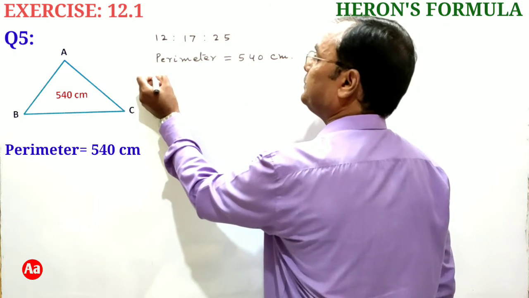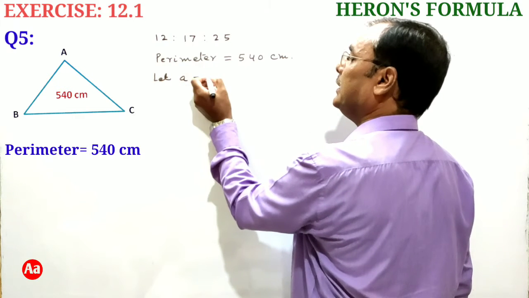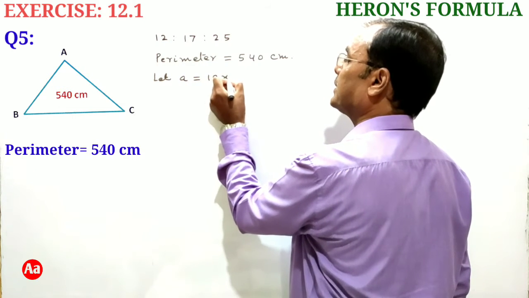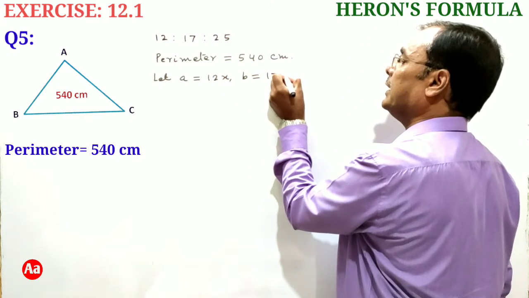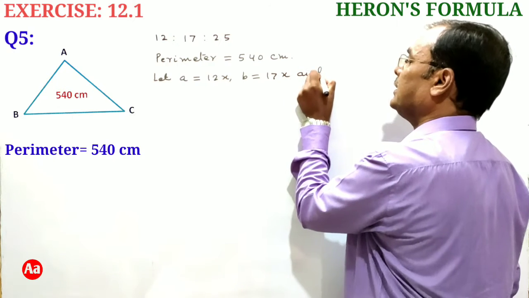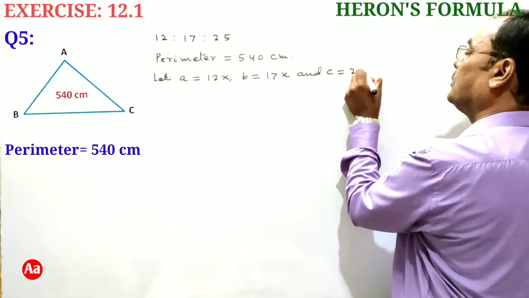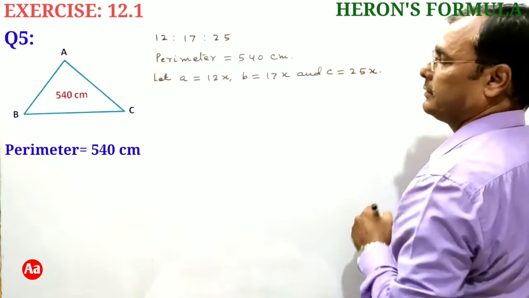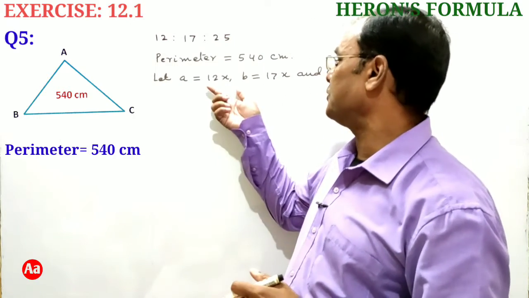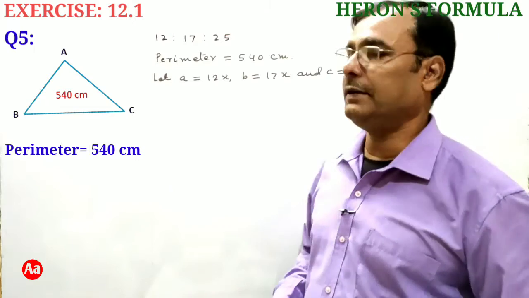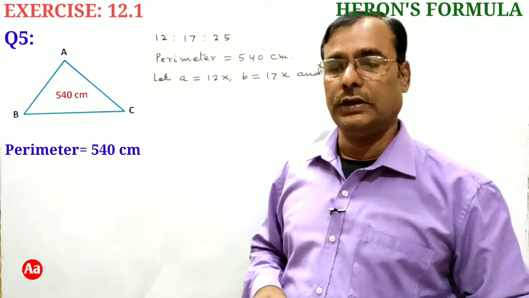So let the sides of the triangle be a equal to 12x, second side b equal to 17x, and third side c equal to 25x. Three sides we are assuming as 12x, 17x and 25x, as the ratio is given, 12:17:25.